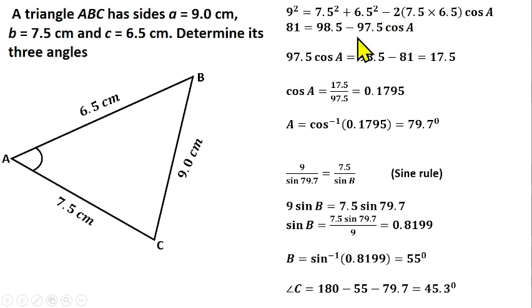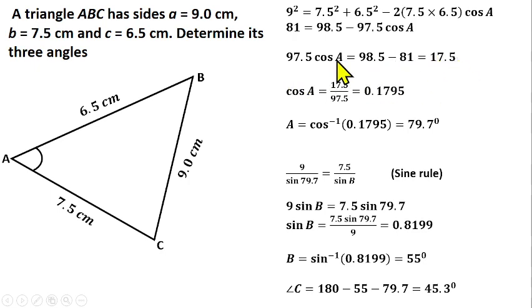We move minus 97.5 cos A to this side, and it becomes plus 97.5 cos A. Then this one comes here. You have 98.5 minus 81, and that should give us 17.5.